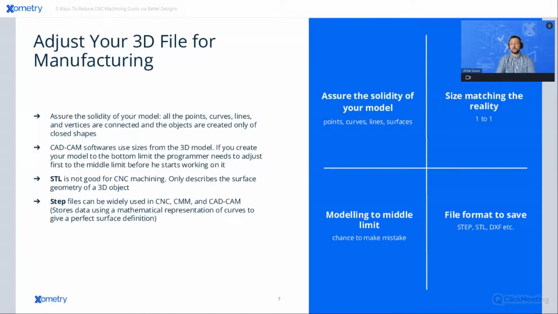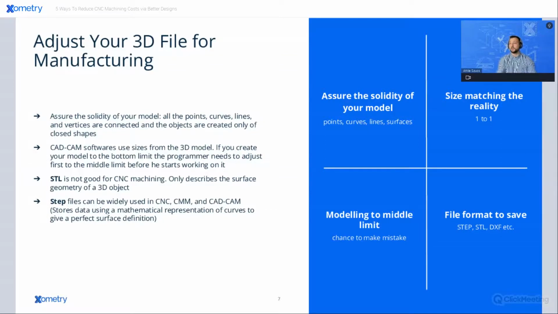But the issue with that is the CAD/CAM programmers are going to use your model to manufacture that part, and probably in that case they're not going to check 100% of the model sizes. So they create a part, then go for first article inspection or a standard full check, any kind of CMM check. At that time they realize something is at the top limit, something is at the bottom limit.